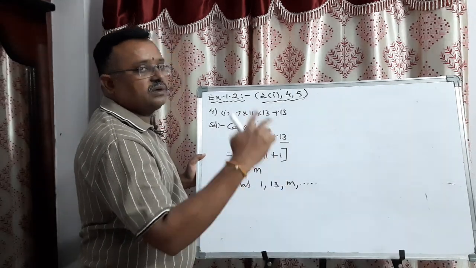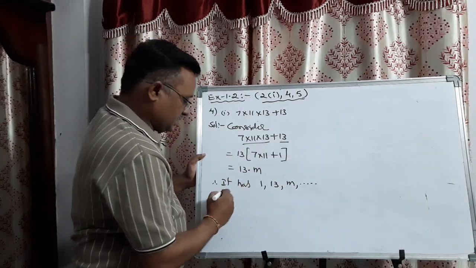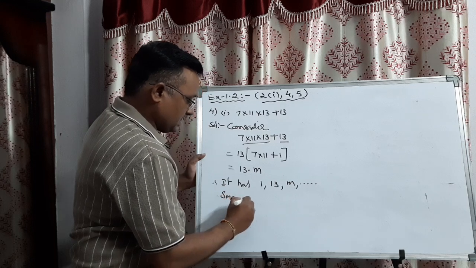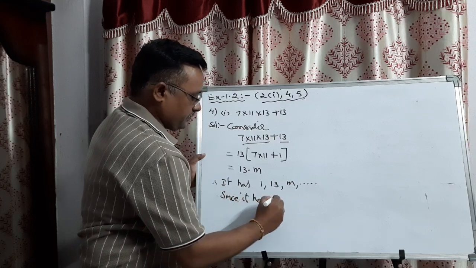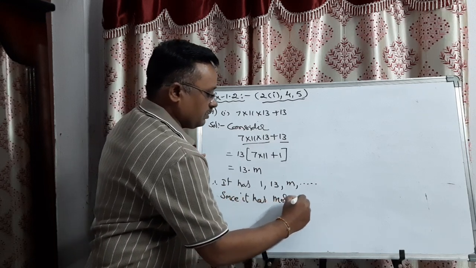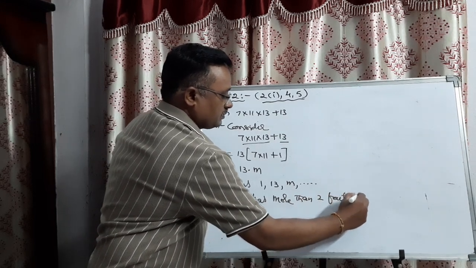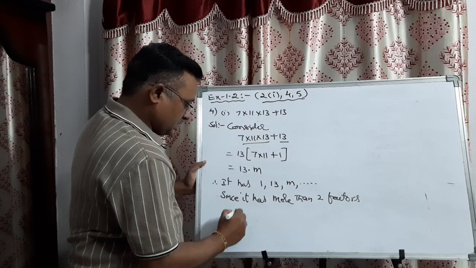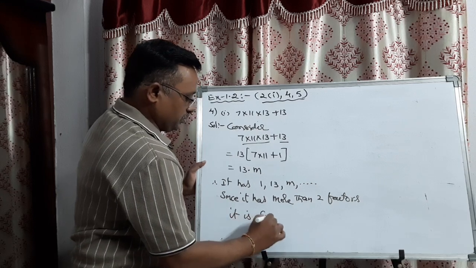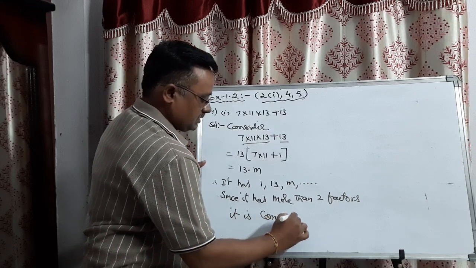Clearly it has more than 2 factors, that's why it is composite. Since it has more than 2 factors, it is composite, that's it.